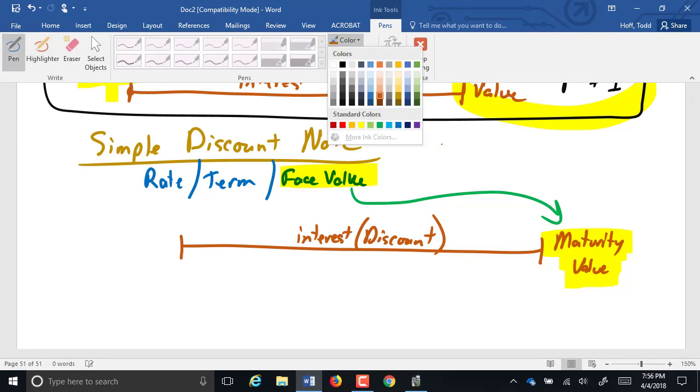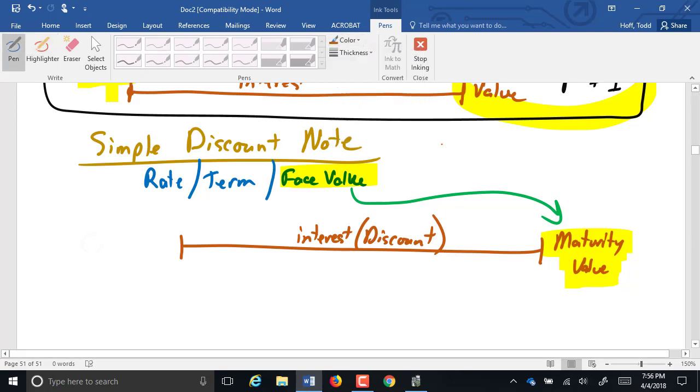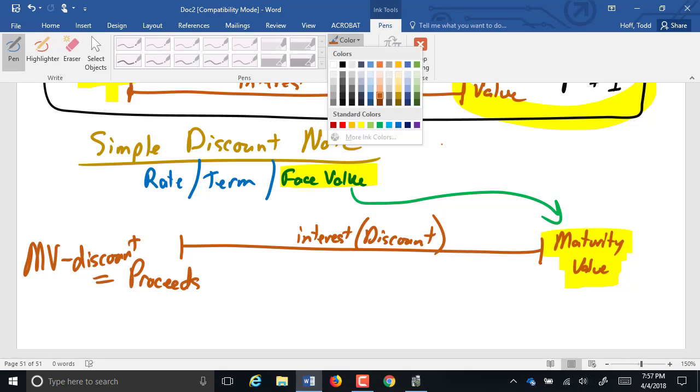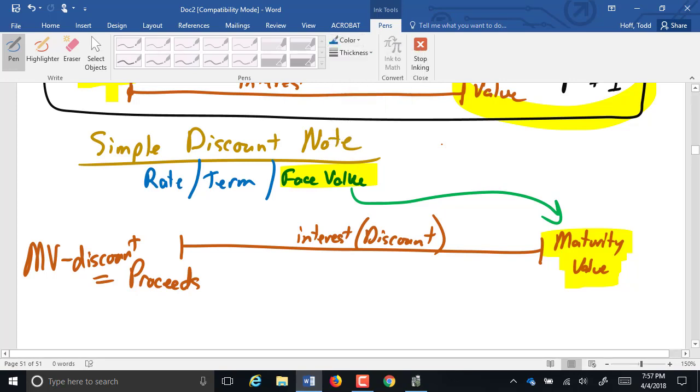So obviously that means what you're going to start out with is not going to be $5,000. What you start out with is called the proceeds. And the proceeds is that maturity value, that face value, minus the discount. So this is a $5,000 note.